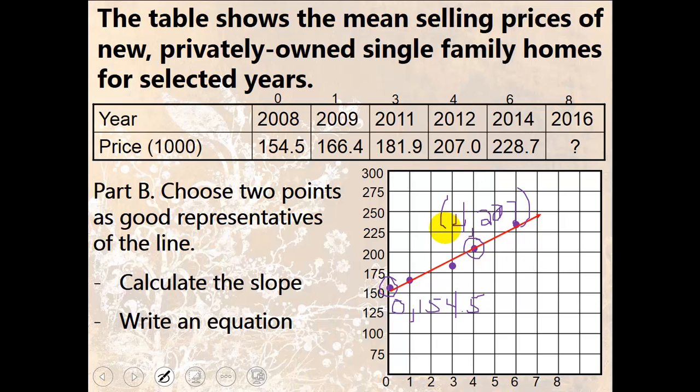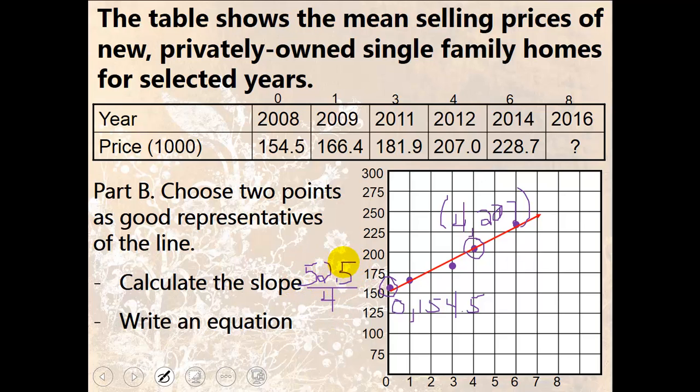So let's calculate the slope. Well, I know that I'm going to have a difference of 4 here. That's my change in x. And then 207 minus 154.5, that gives me 52.5.